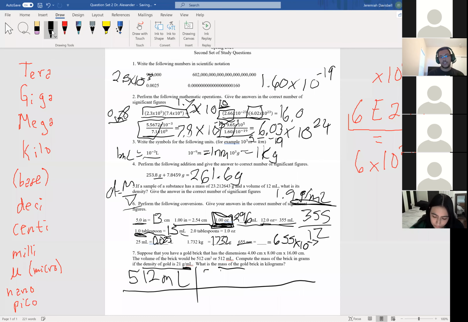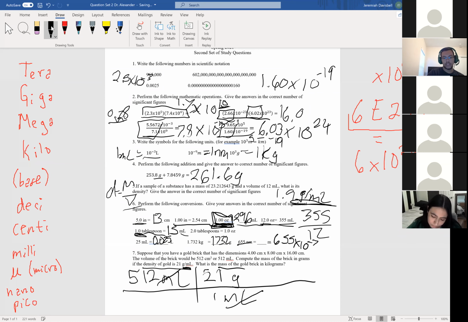So in order to get rid of this milliliters, what are we going to do with that density of gold? Are we going to multiply, divide? Divide. Divide? Wouldn't we multiply because we're already given the density? Yeah. So basically, since we're multiplying it, that would mean that we're putting the 21 grams on the top and the milliliters on the bottom per 1 milliliter.